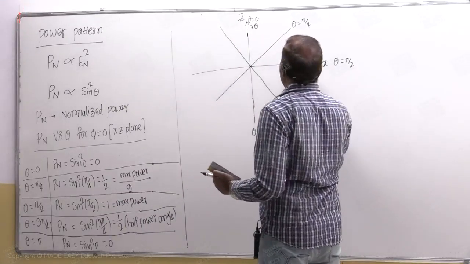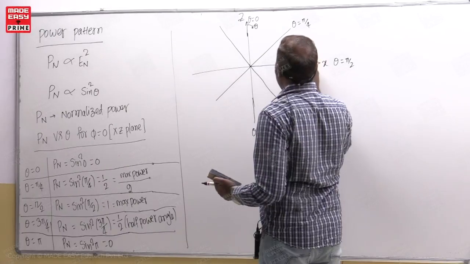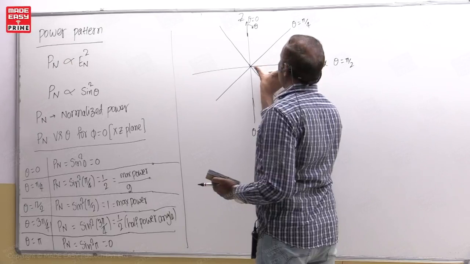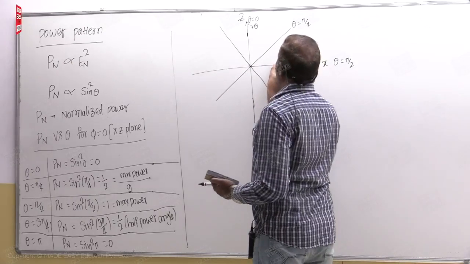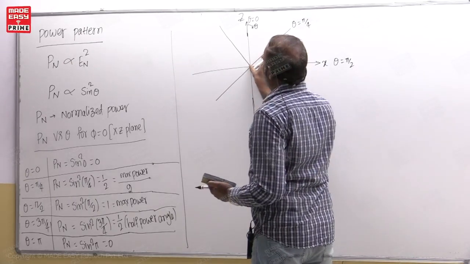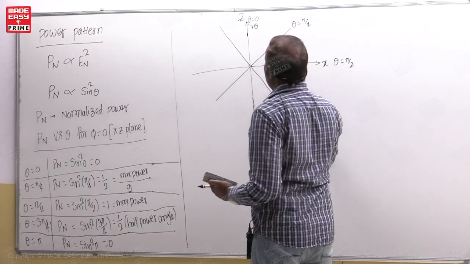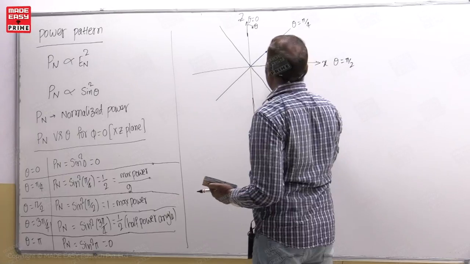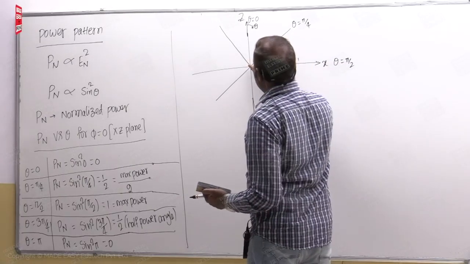This is the maximum power. Let us take this as 1, and half of this power, this is total 1, half of this you take, and half power in the 45 degrees direction like this, and here also half power in the 45 degrees direction.